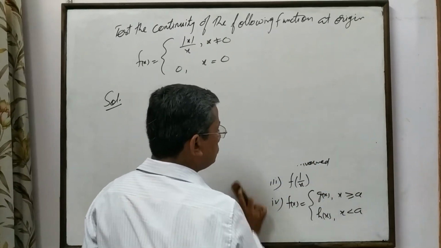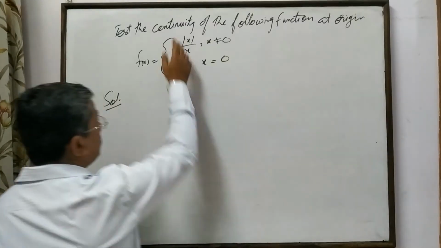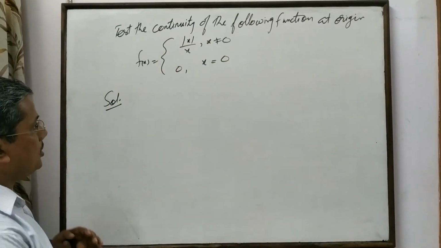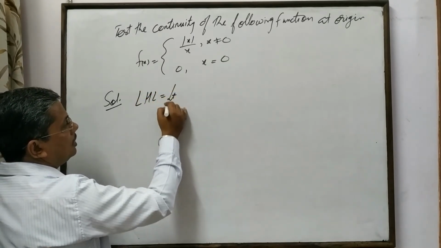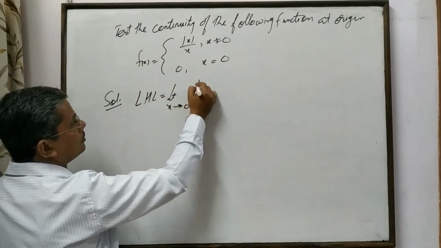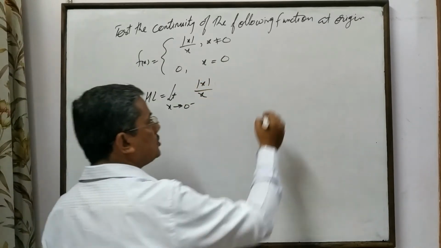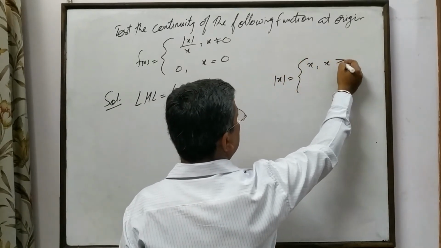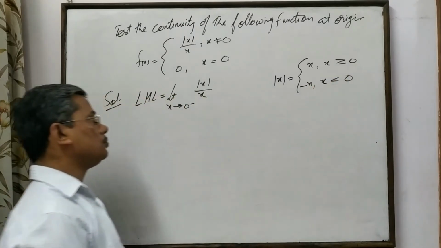because modulus function is involved. f of x is defined as mod x upon x. So here we calculate left hand limit and right hand limit separately. So for left hand limit, limit x tend to 0 negative mod x upon x. Now you know the definition of mod x. What is mod x? Mod x is equal to x when x is greater than or equal to 0, minus x when x is less than 0.